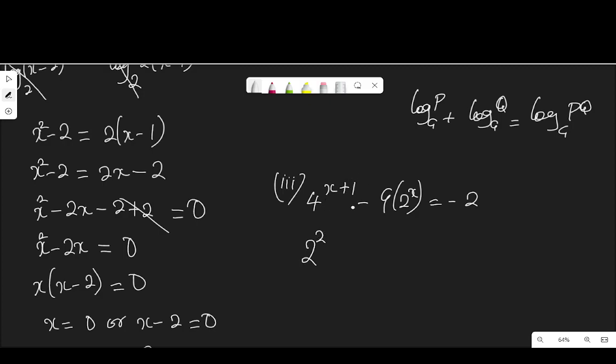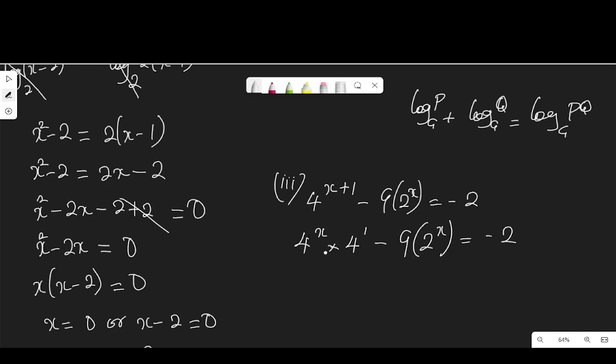Before I do that, let me apply the first law of indices here. If I do that, I'll have 4 to the power of x multiplied by 4 to the power of 1, minus 9 times 2 to the power of x, equal to negative 2.